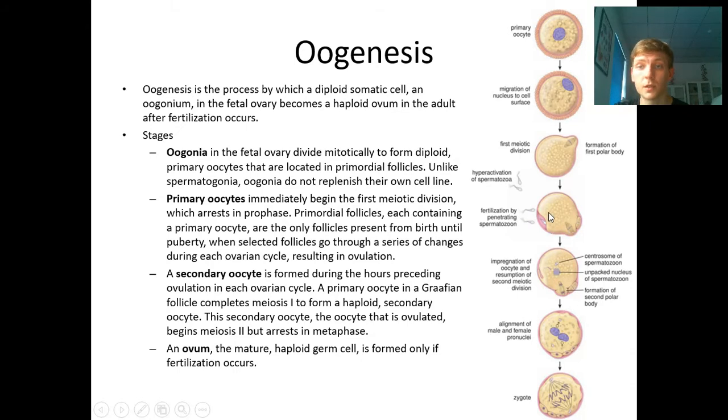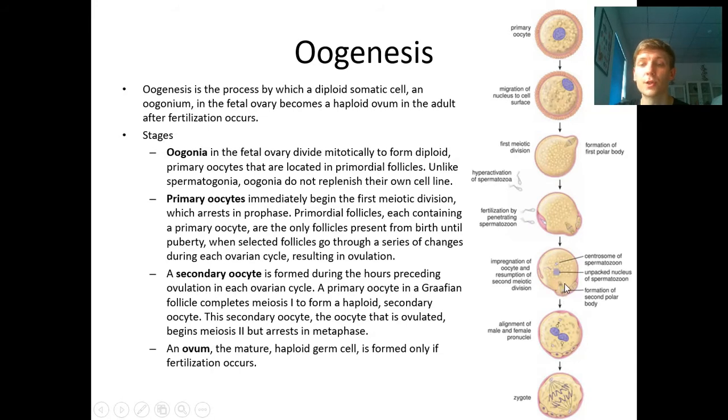It is stored in this position before fertilization, and only the centrosome of the spermatozoon, the sperm cell, activates the second meiotic division, and after it we see the ovum. Impregnation of the oocyte and resumption of the second meiotic division happen. The nucleus of the sperm cell is unpacked, and here the second polar body forms.